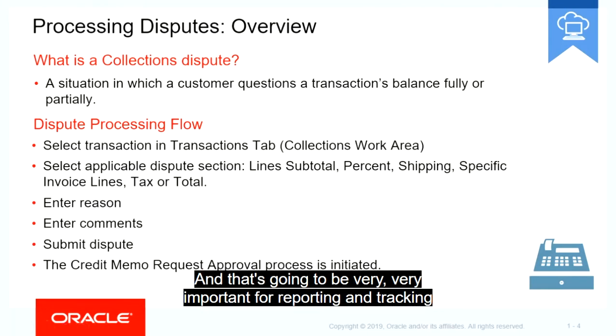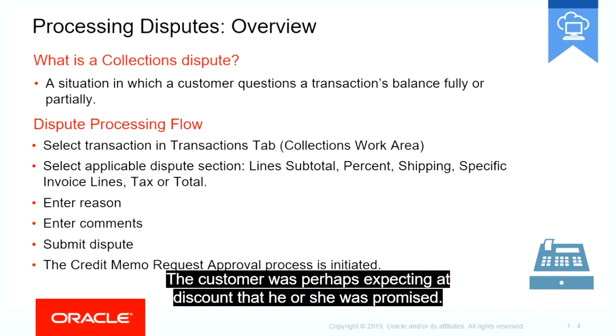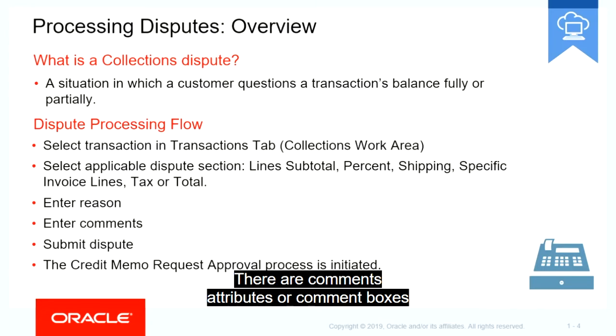And that's going to be very, very important for reporting and tracking purposes, that you associate a reason with the dispute. The reason can be something like a discount. Okay, the customer was perhaps expecting a discount that he or she was promised. There are comments, attributes, or comment boxes that the collector can use to input details about that interaction with the customer.